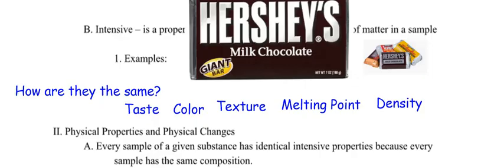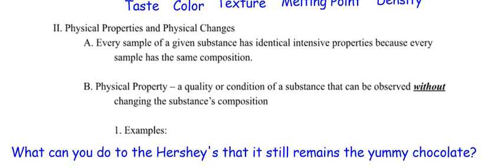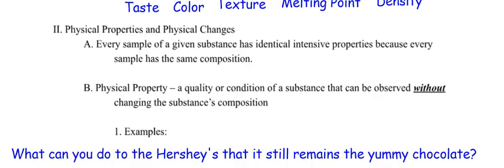So a physical property is a quality or a condition of a substance that can be observed without changing the substance's composition. For example, before we talk about that, what can you do to that Hershey's bar so that it will still remain the same yummy chocolate?